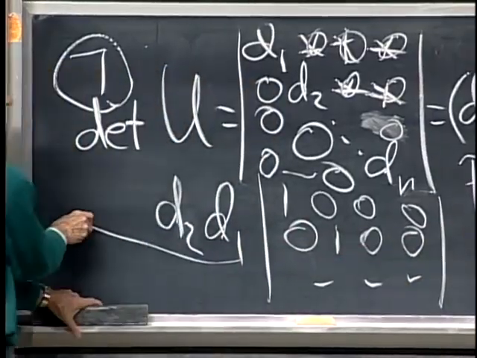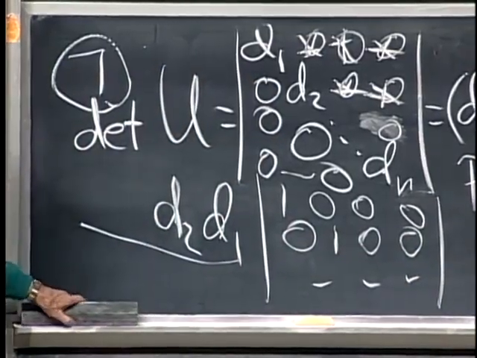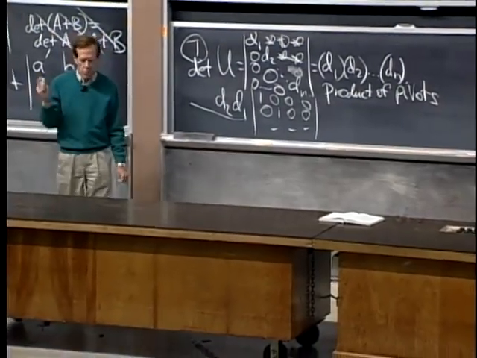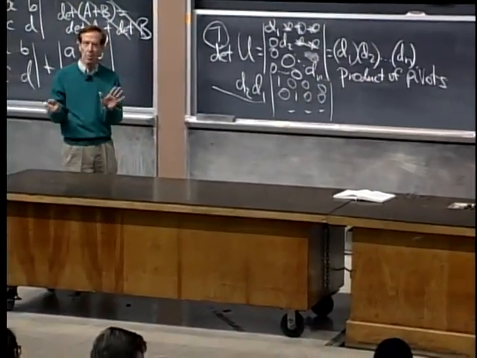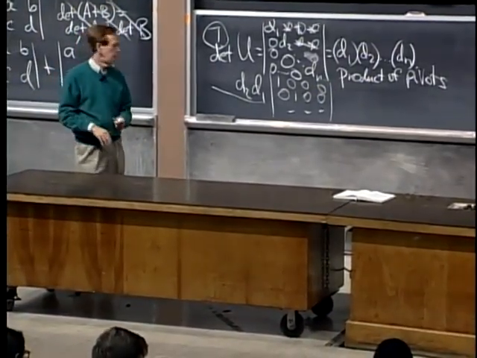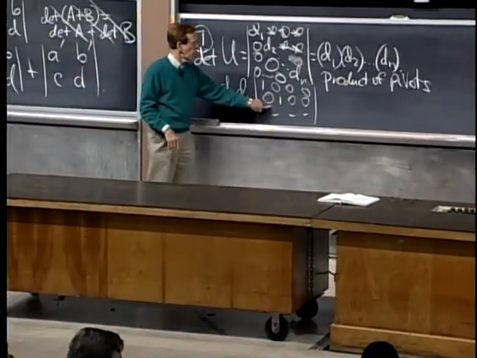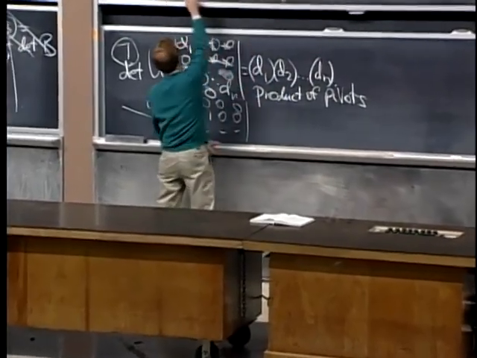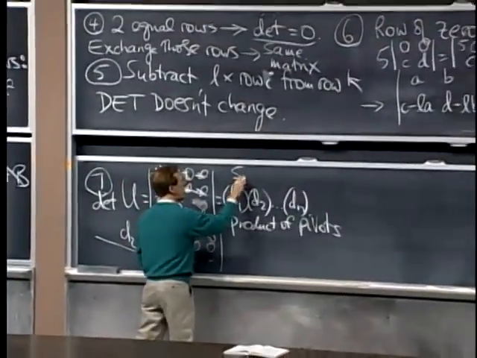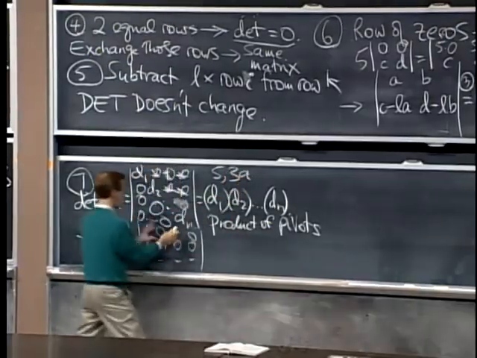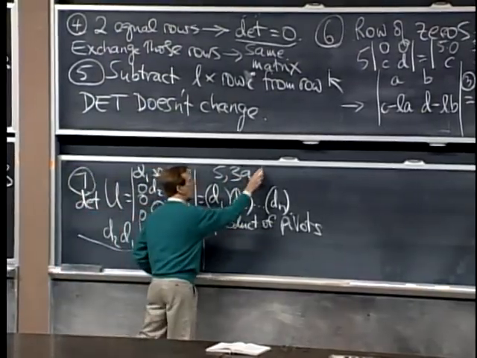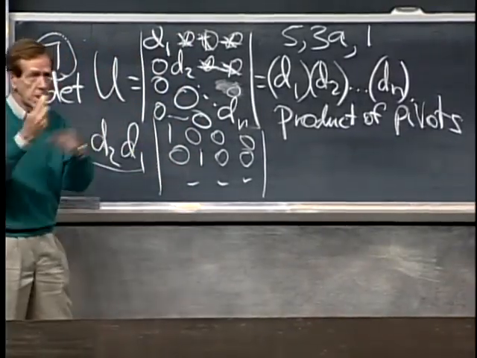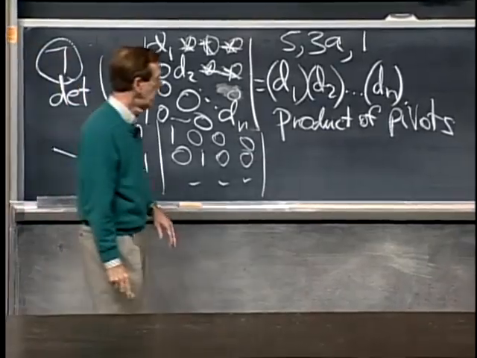So I factored out all the d's, and what am I left with? The identity. And what rule do I finally get to use? Rule 1. Finally, this is the point where Rule 1 chips in and says that that determinant is 1, so it's the product of the d's. So this was rule 5 to do elimination, 3a to factor out the d's, and our best friend, Rule 1. And possibly Rule 2, the exchanges may have been needed also.